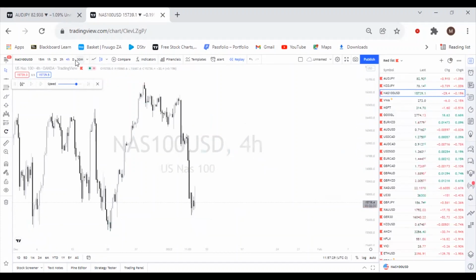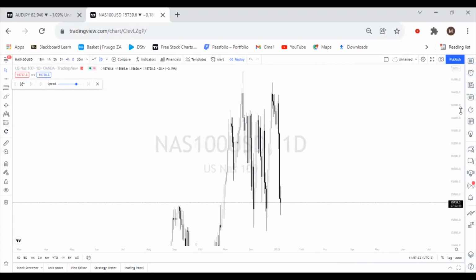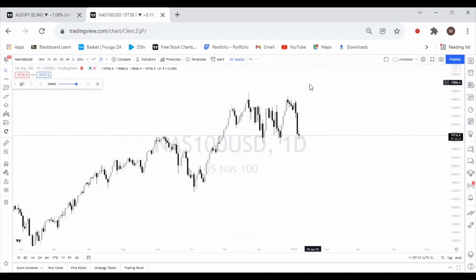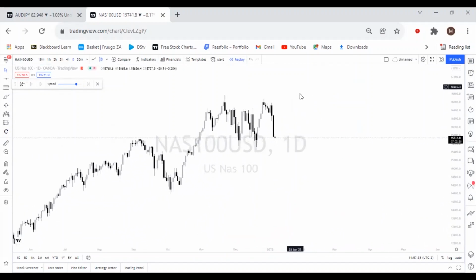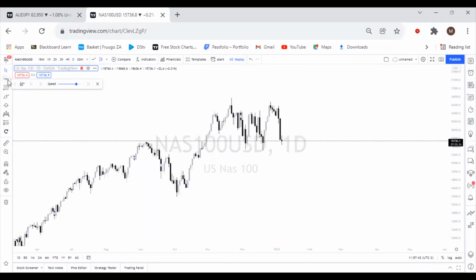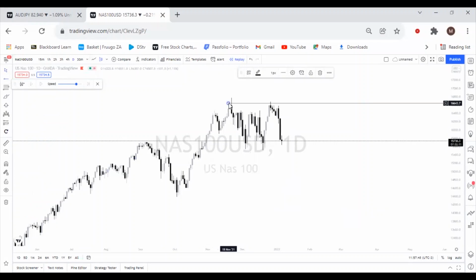I want to start this from maybe the daily, but then it's not widely common to use the daily. But then I just want to give you guys a huge scale and perspective. But then the first thing I'll do with Nasdaq is basically get your highs and your lows.